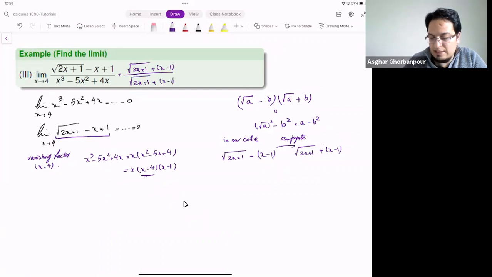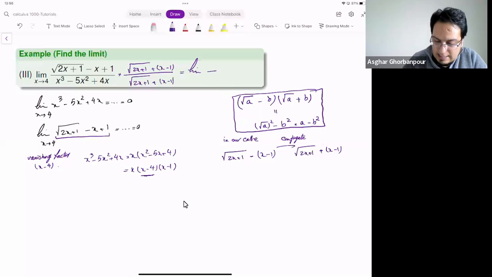Again, the reason that we did multiply by conjugate is that way we can get rid of that square root. And in the numerator, you will see that we have this part squared, which is 2x plus 1, minus the second part squared.